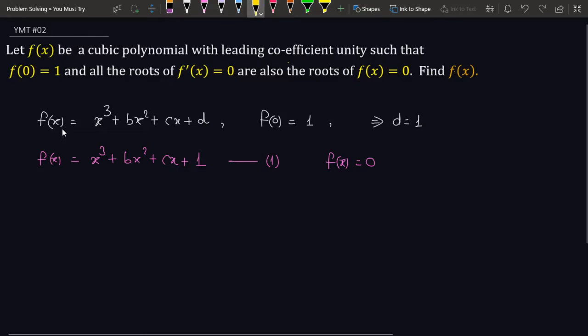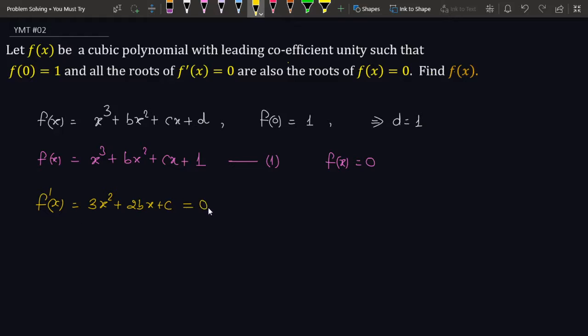Now let us find the derivative of this f(x). So f'(x) is equal to 3x squared plus 2bx plus c, and the equation corresponding to this is f'(x) equal to 0. Now this is a quadratic equation, for which let us take beta and gamma as the roots.